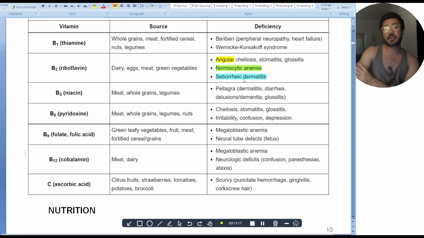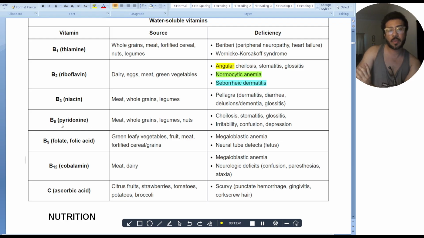So seborrheic dermatitis is going to help you differentiate and tell you that it is B2, and when it comes to B6, you're going to get symptoms of irritability, confusion and depression in addition to these three. Basically you're going to be looking for seborrheic dermatitis to differentiate between these two.